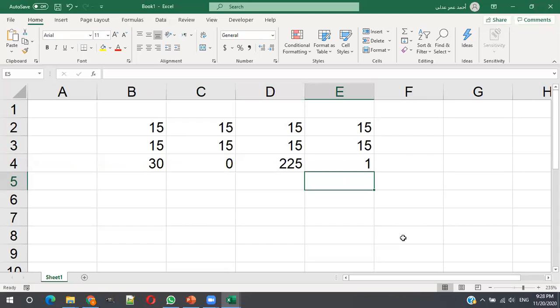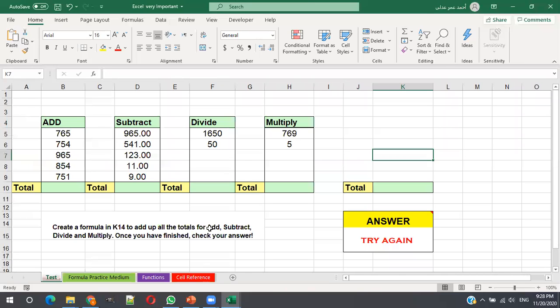Okay, very good for now. Then we take in school this file. I want to make add here, subtract here, divide here, and multiply here, and make the total of these numbers. And this one, try again, will change to very good. How to make it?